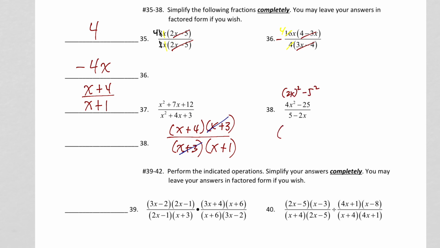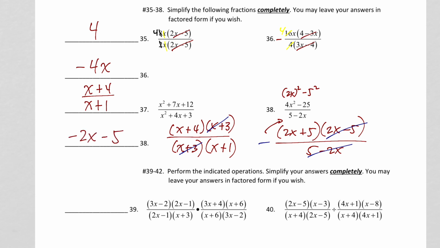So we're going to end up with the conjugate pairs. 2x plus 5 times 2x minus 5 over 5 minus 2x. And these are opposites, and you can cancel these opposites as long as you put on a negative. So I'm going to distribute this negative, and we end up with negative 2x minus 5.